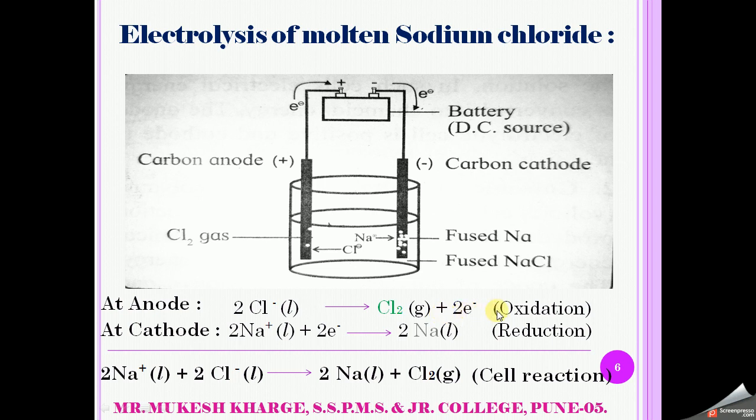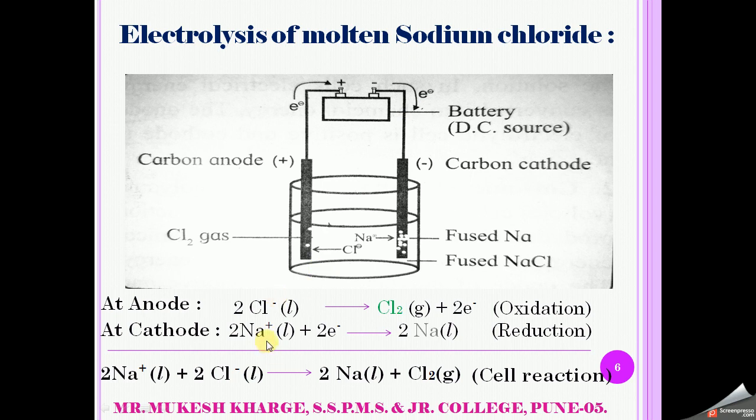As there is a loss of electrons, oxidation takes place at the anode. And that chlorine gas gets bubbled around the anode. Then the electrons lost at the anode pass through the external circuit to the negative electrode, which is the cathode. The Na plus ions from fused NaCl get attracted towards the cathode and gain those electrons.